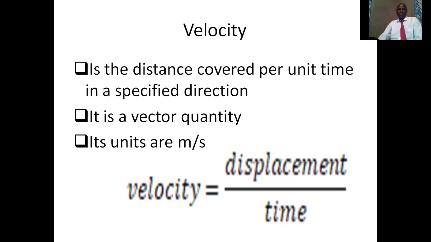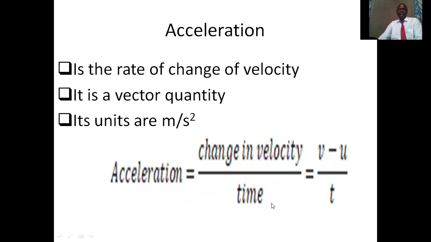So it is the distance covered per unit time in a specified direction. That is what velocity is. It's therefore a vector quantity, and it's measured in meters per second. Therefore, velocity is displacement over time.